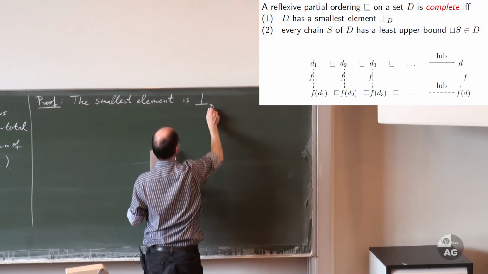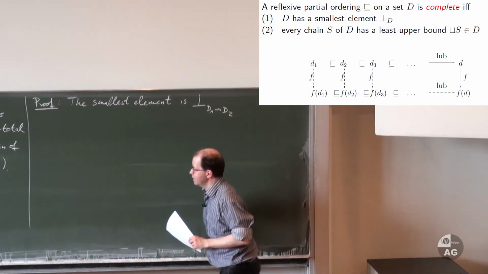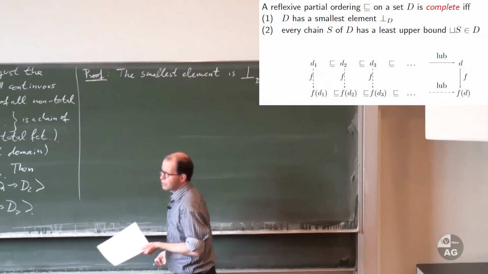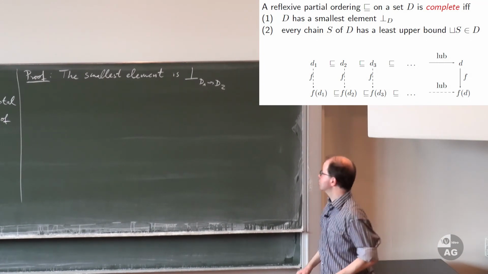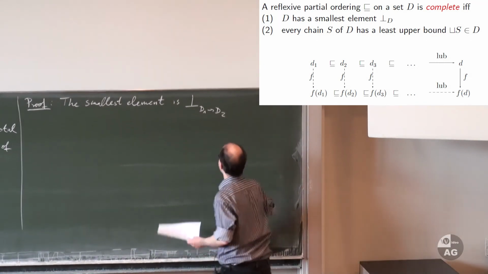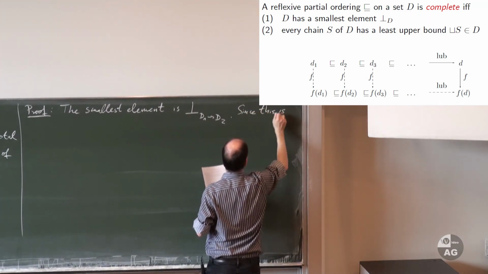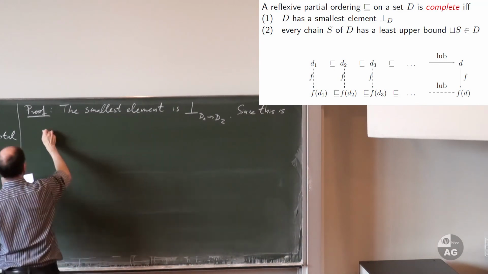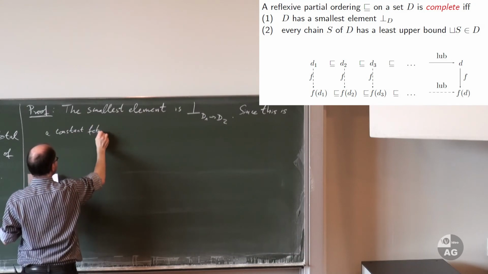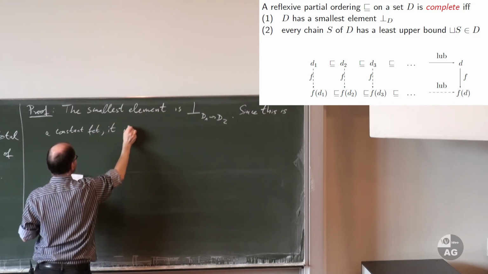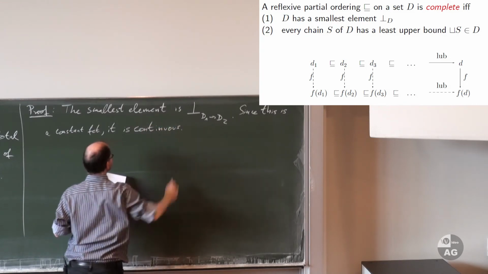So this is this function from D1 to D2. And is this really contained in this subset? Yes, because this is trivially continuous. It's a constant function. Every constant function is continuous.